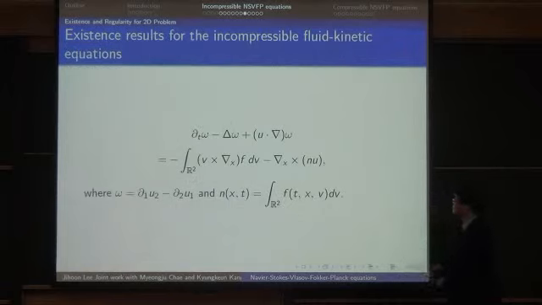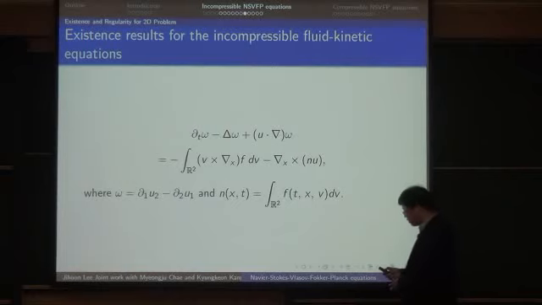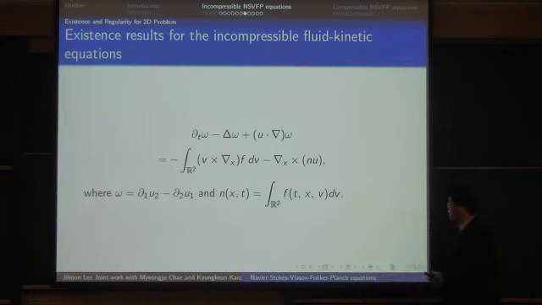Next, let me consider the global existence of the strong solutions. If we consider the vorticity equations, omega is the curl in 2 dimensions, and n is the integration of f with respect to v.